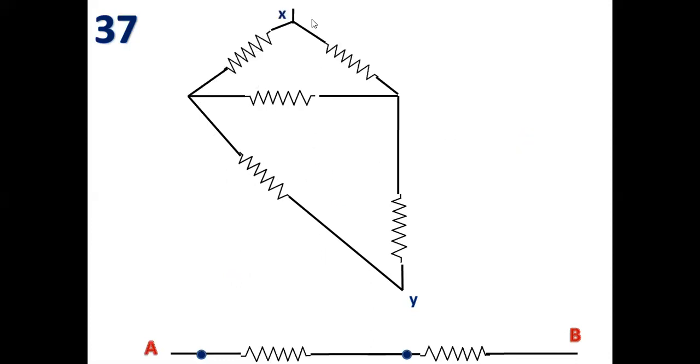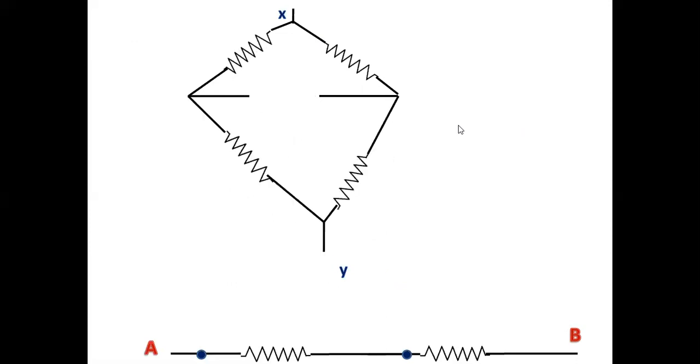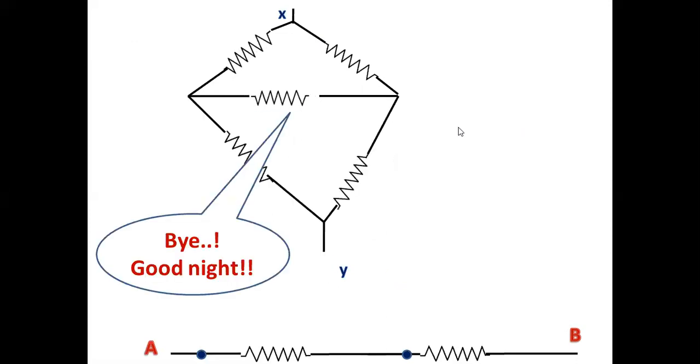Now, is this not a Wheatstone's network? Yes, it is a Wheatstone's network. This resistor and this resistor, left below, left top, right below, right top, galvanometer, useless fellow here, right? No current flows through the galvanometer. You can remove it. This is not needed. So this equivalent, and you see where X and Y are?